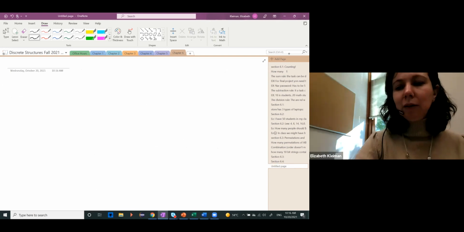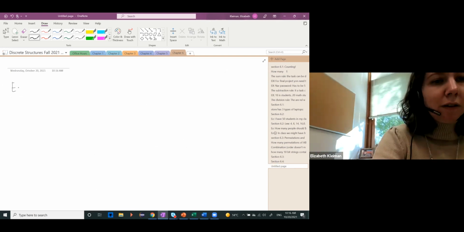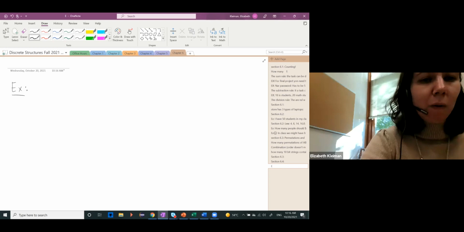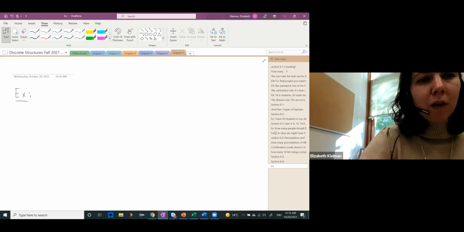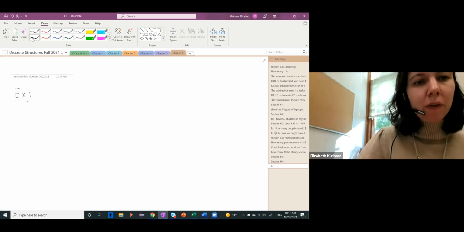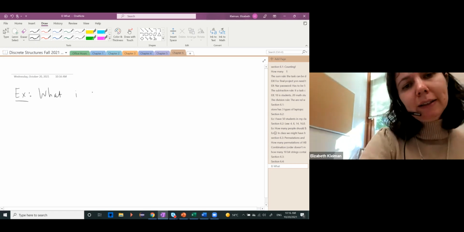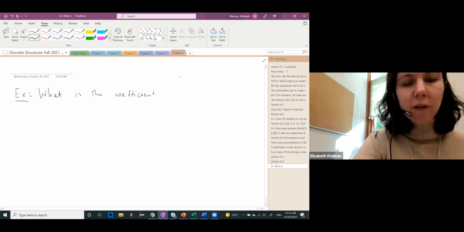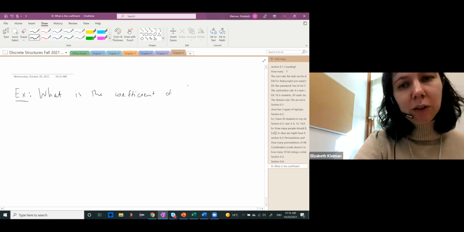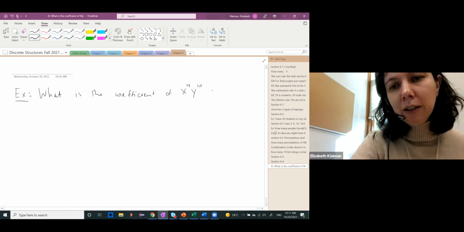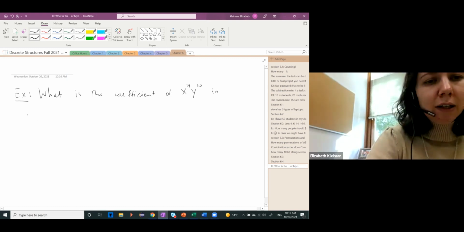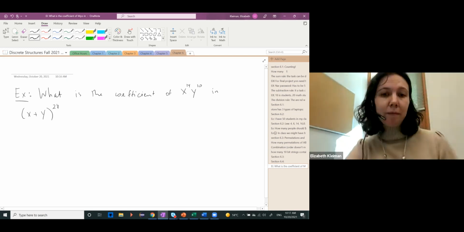Now let's do another one. What is the coefficient of x to the power 14, y to the power 10 in (x plus y) to the power 24?